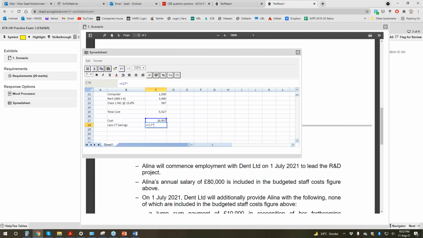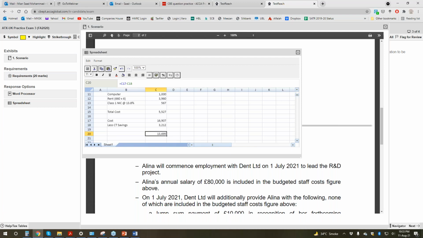These costs times 19%. So guys, these are the after tax cost that the company will have to suffer.